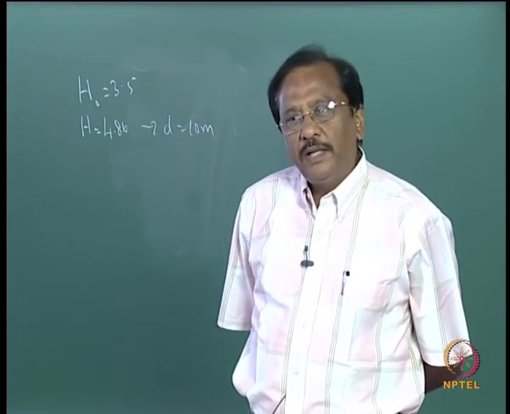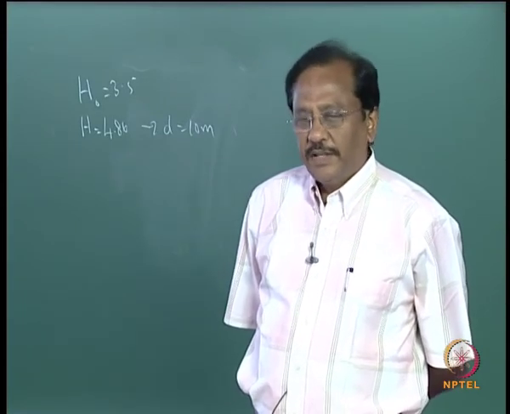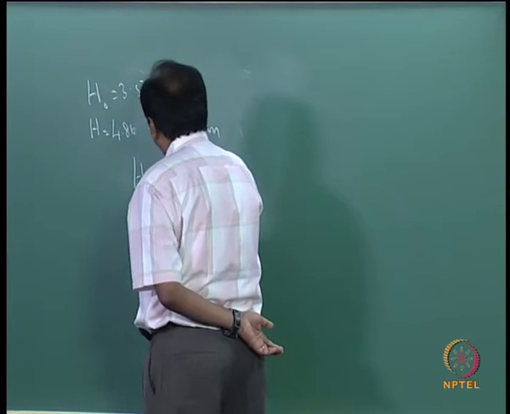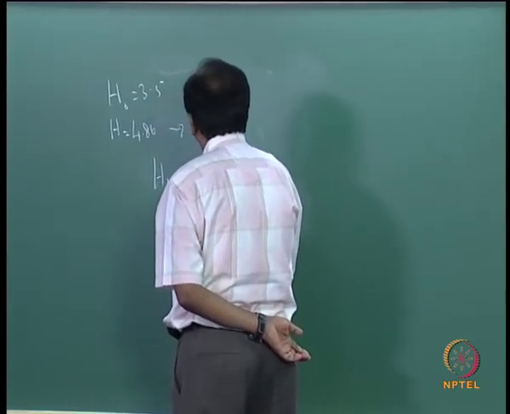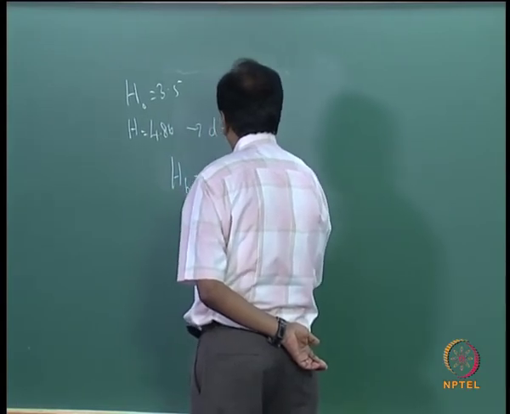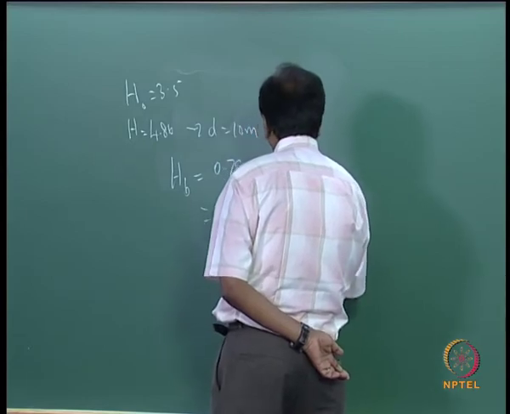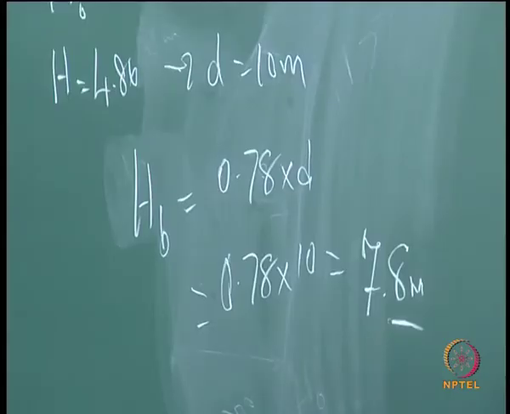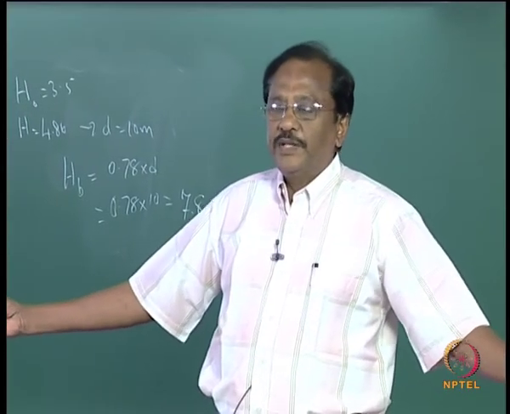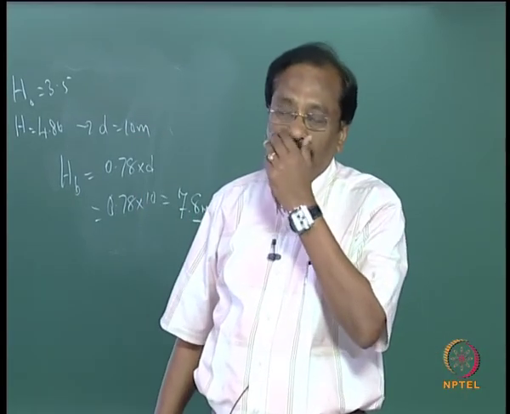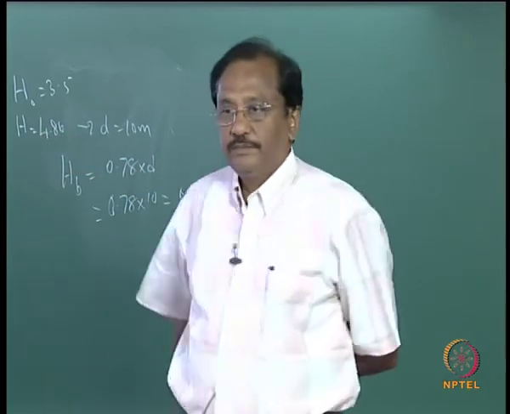What is the maximum wave height that can occur? That is equal to 0.78 times water depth, which is nothing but your breaker wave height. Breaker wave height is 0.78 times water depth, and here this water depth is 10 meters. So you can definitely have a wave height of up to about 7.8 meters. So there can be a situation where the orthogonals can converge even much less than what is indicated here.